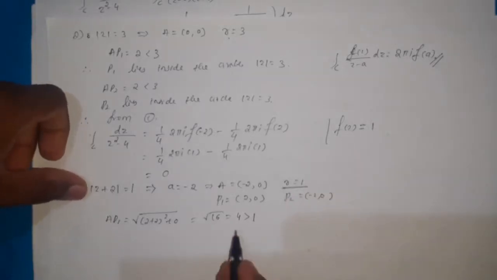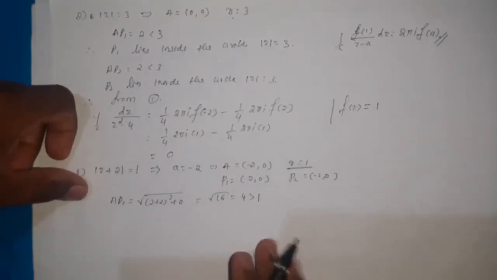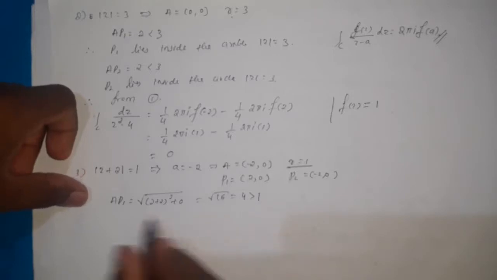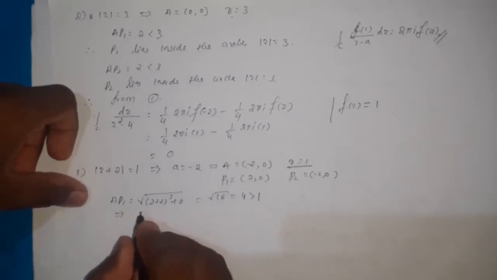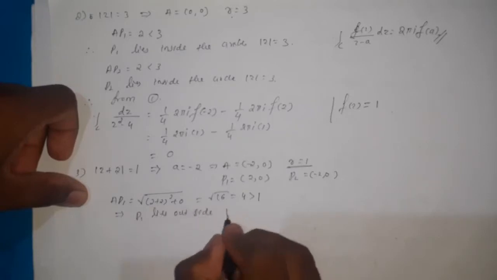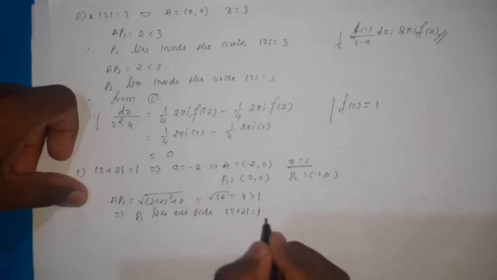Hence we got the distance as 4, which is greater than 1. It implies that point P1 lies outside mod z plus 2 equal to 1.